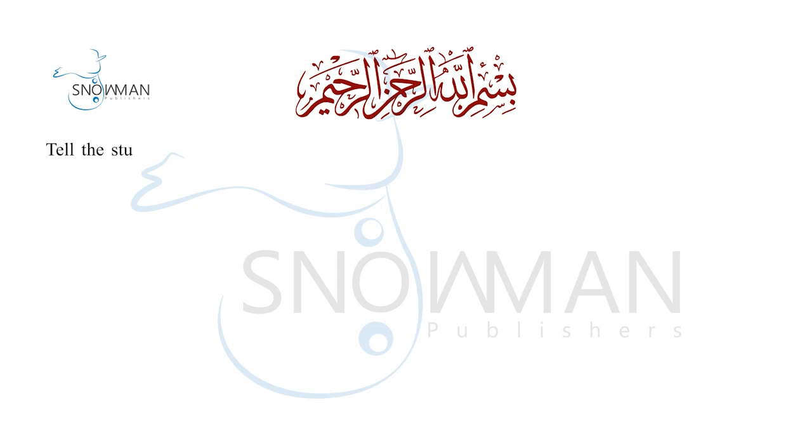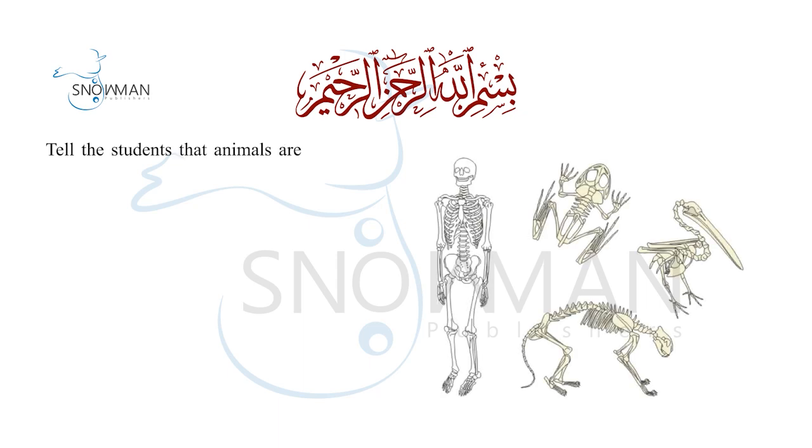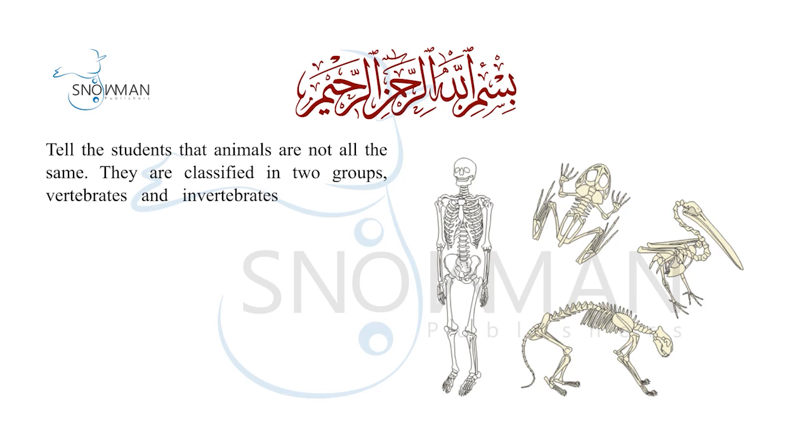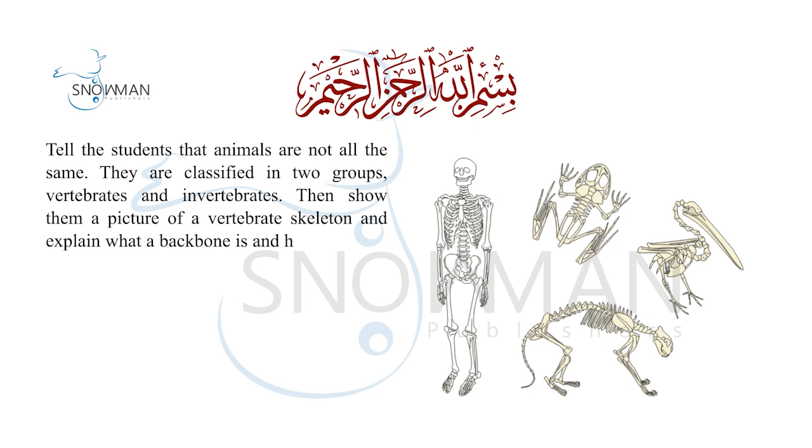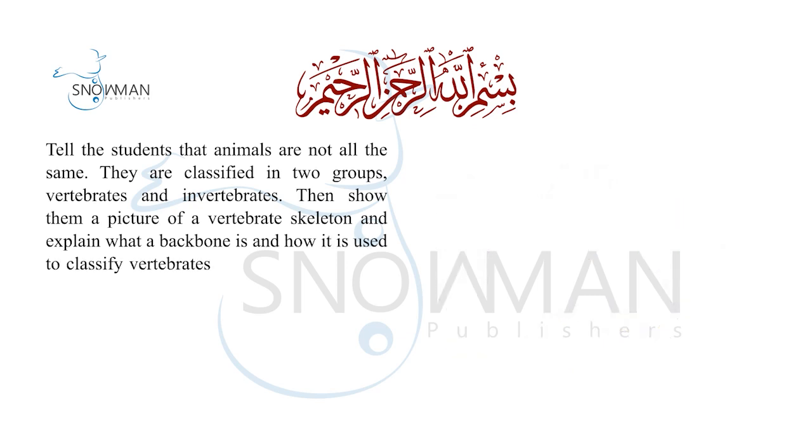Tell the students that animals are not all the same. They are classified in 2 groups, vertebrates and invertebrates. Then show them a picture of a vertebrate skeleton and explain what a backbone is and how it is used to classify vertebrates.